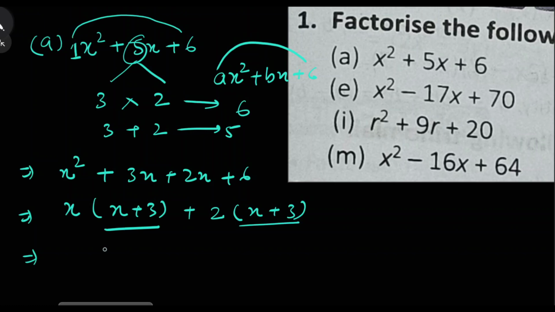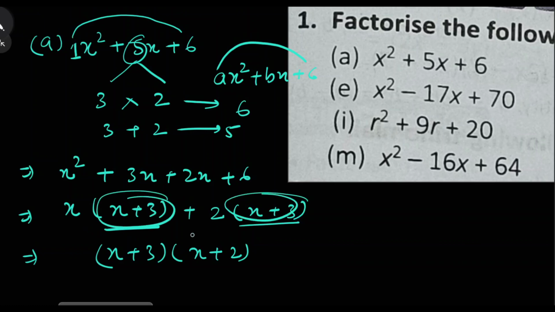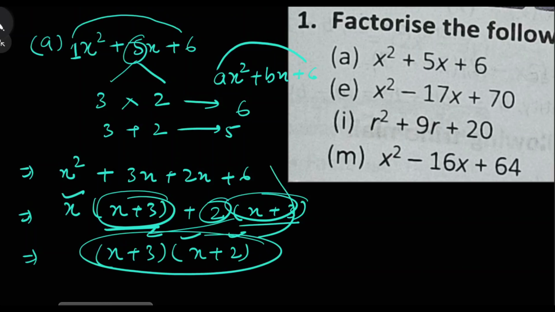So taking x plus 3 as a common, what we are left with is x plus 2. So this is the factor of this problem.